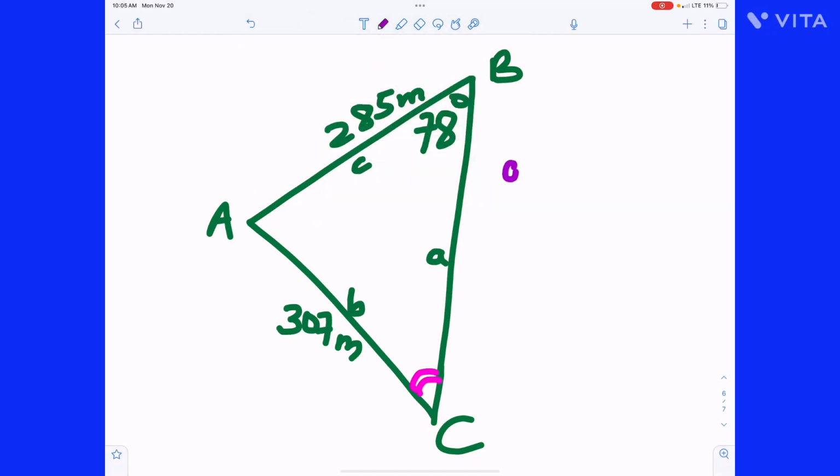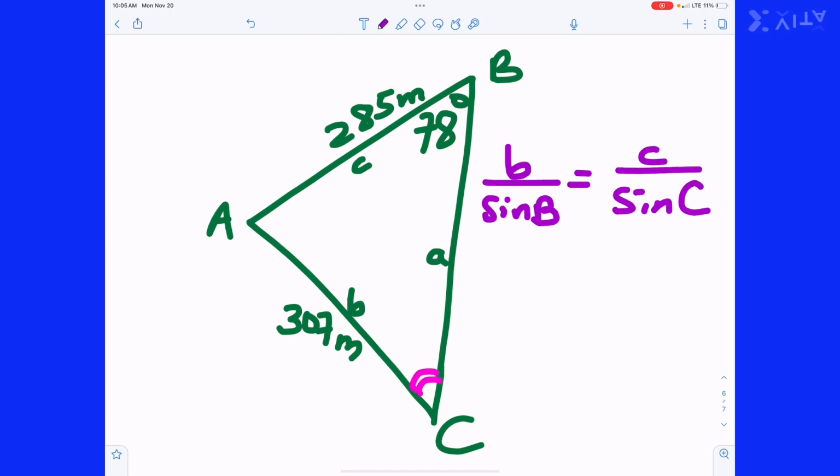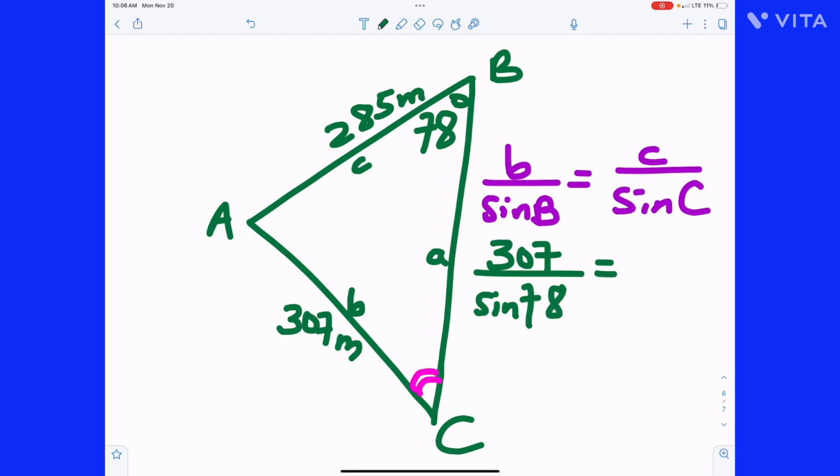B over sine B is equal to C over sine C. So 307 over sine 78 is equal to 285 over sine C. It's as simple as that.